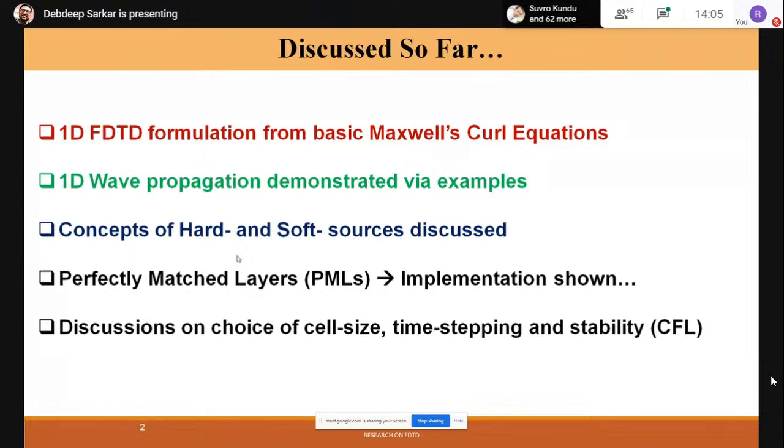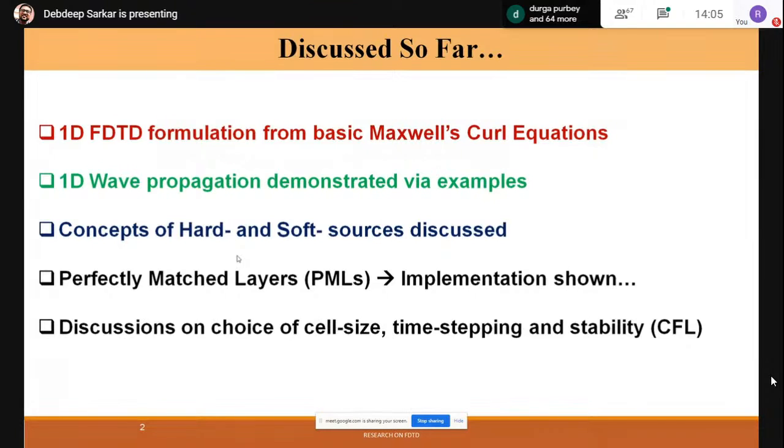I also talked about how to choose the cell size and correspondingly the time stepping. These topics sometimes require a full mathematical analysis, and some rigor is required. You can consult the books, I'll show you. Maybe yesterday I did not show the books which I personally followed, and there are several other books and YouTube resources you can look up on the internet.